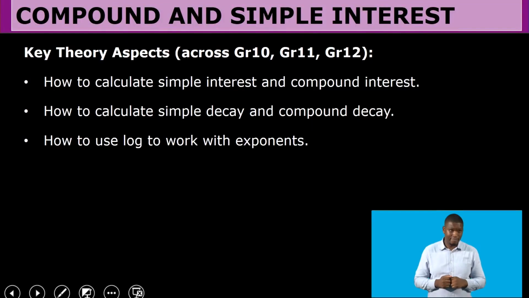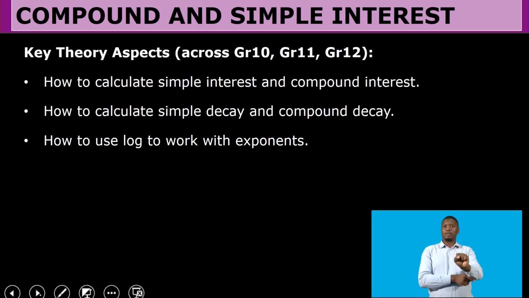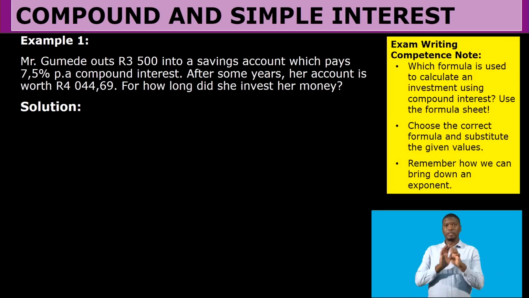Let's look at the key theory aspects when it comes to this part of financial mathematics. So you need to know how to calculate simple interest and compound interest, how to calculate simple decay and compound decay, and also how to use log to work with exponents. So we need to know how to work with these features here. Let's look at a first example.